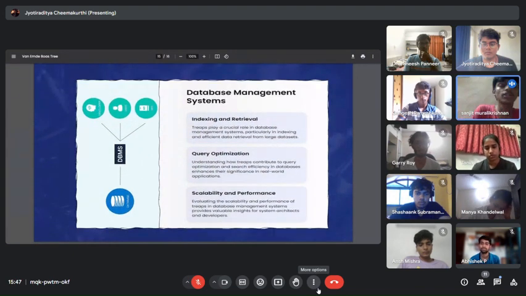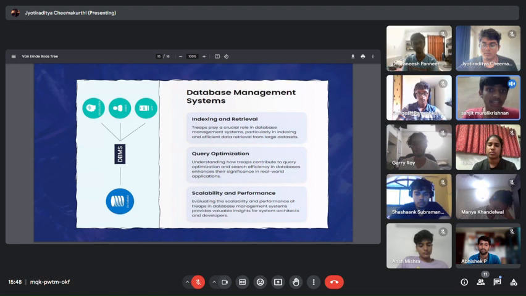One use of Treap is in database management systems. It is actually quite frequently used there. Treaps can play a crucial role here because of the parallel processing capacity, the data sorting capacity, and the optimized algorithms. There's indexing and retrieval, where the Treap can play a crucial role in managing the database system, particularly in indexing the data and retrieving the data from a very large database.